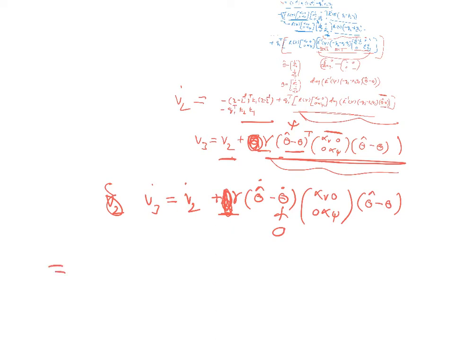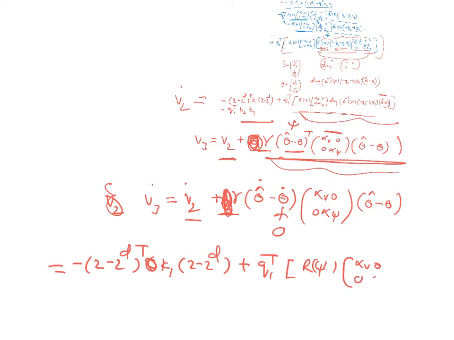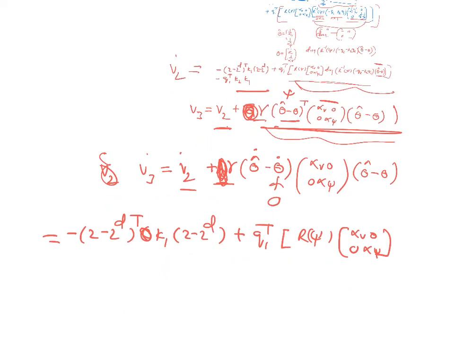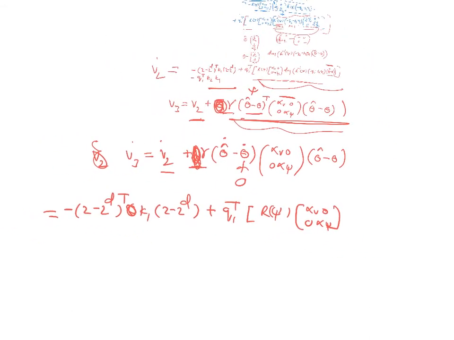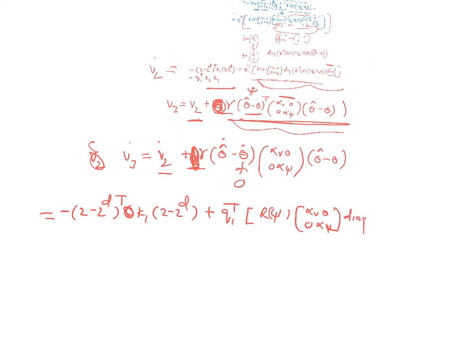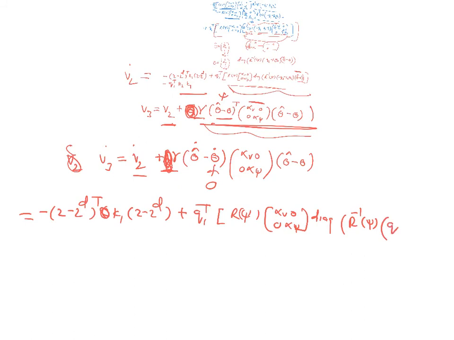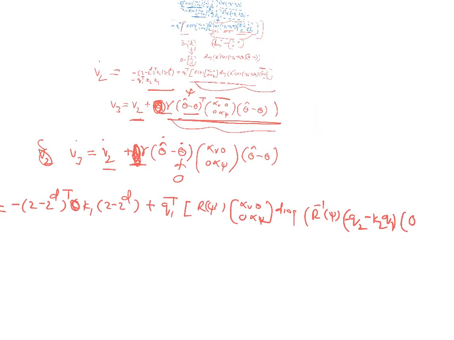So alpha, theta. So this is 0. When this is 0, we can rewrite, right? We can plug in the values of V2 dot: Z minus Z transpose, K1 Z minus Z desired, plus Q1 transpose, all this R psi, alpha v 0 0 alpha psi, plus now into diag of R inverse psi Q minus Q2 minus K2 Q1, theta hat minus theta.